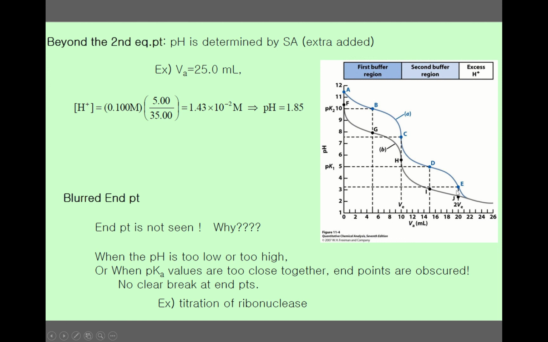So we only consider the 5 ml. The initial proton concentration was 0.1 molar, and then it was diluted by this amount, initially 5, but now the final volume is 35 ml. So in this case, proton concentration becomes 1.43 times 10 to minus 2 molar, and pH is 1.85.